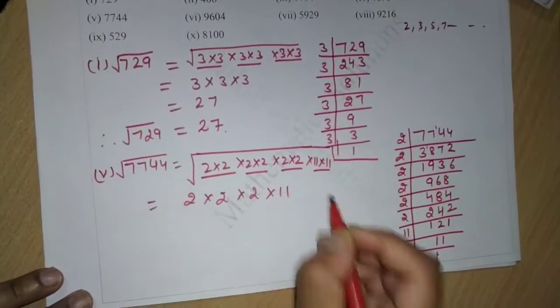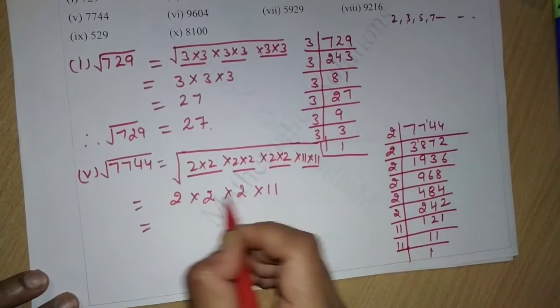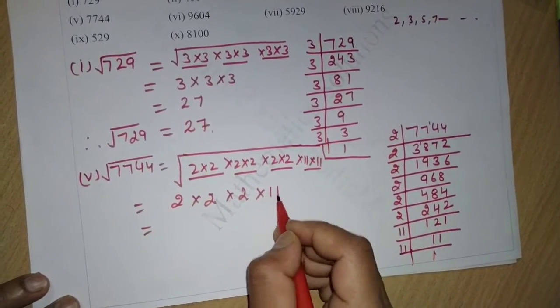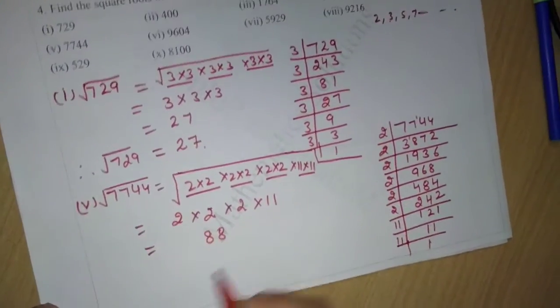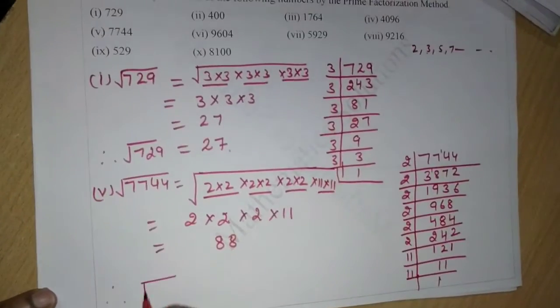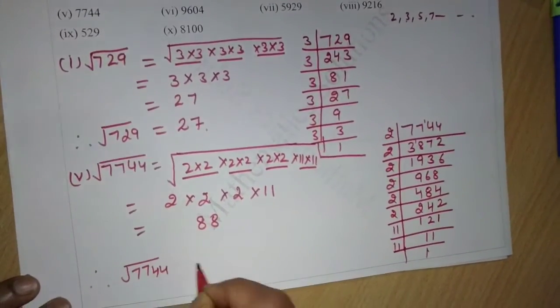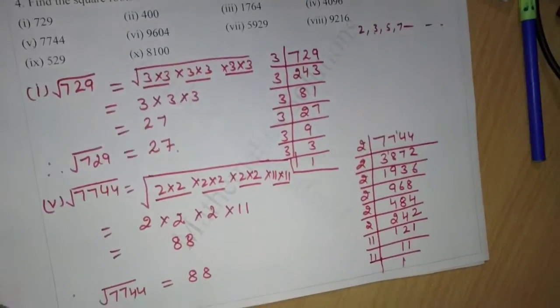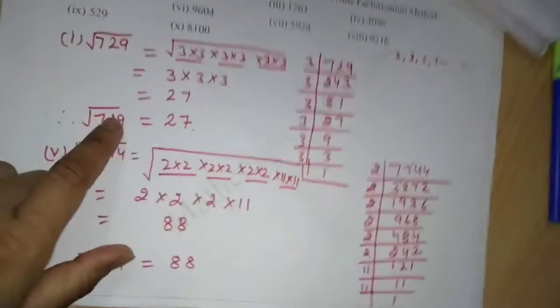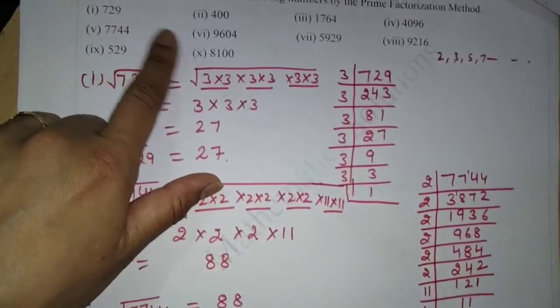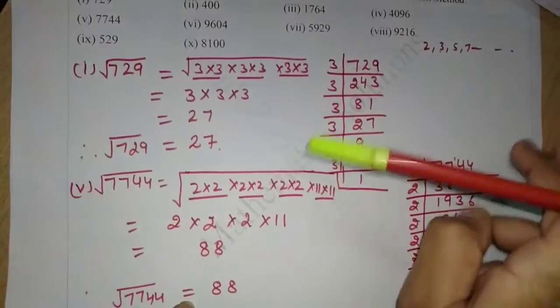Now 2 2s are 4, 4 2s are 8, 8 11s are 88. Therefore, the square root of the given number is 88. So you can see how easily we have found the square root of these given numbers by the prime factorization method.